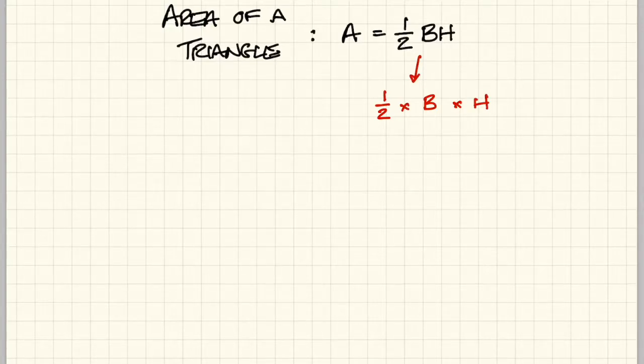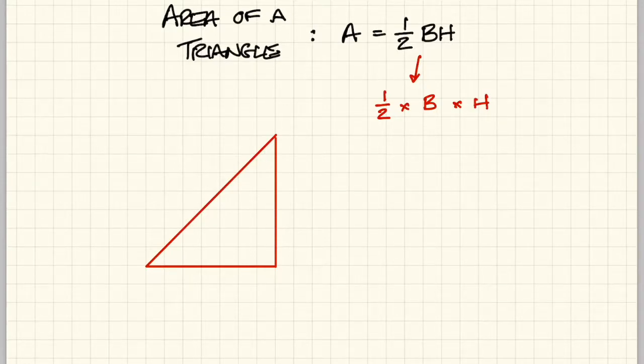So let's give us a triangle to look at and help me explain this. I want to start with just a real simple triangle. So here's our triangle, and I want to show you how this works more than anything.